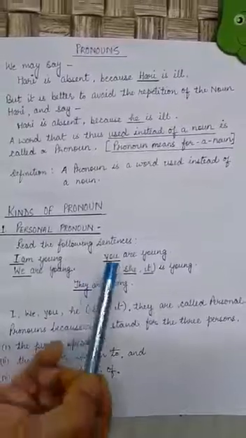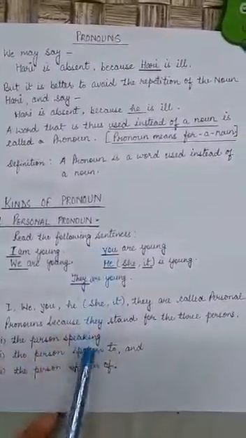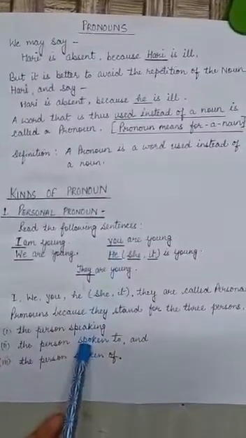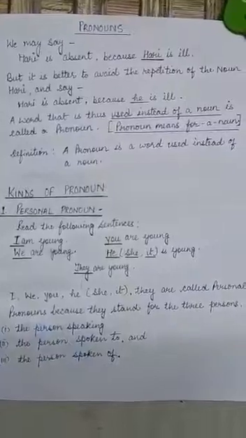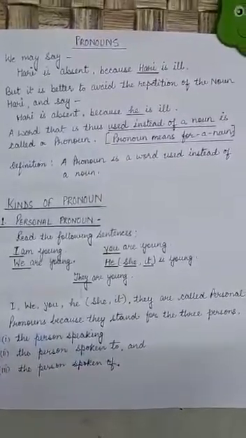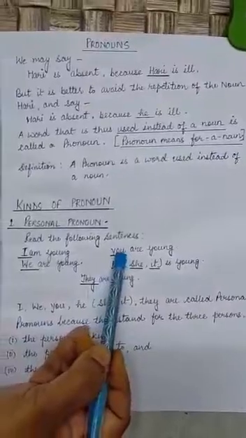The pronoun you, which denotes the person or persons spoken to, is said to be a personal pronoun of the second person. And you is used both in the singular and plural form.